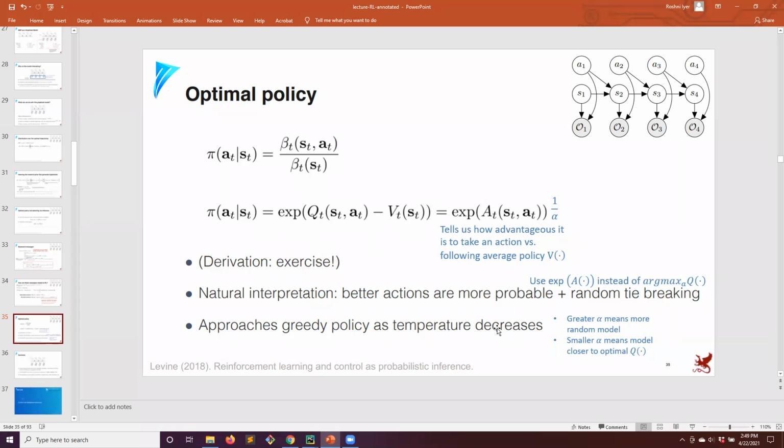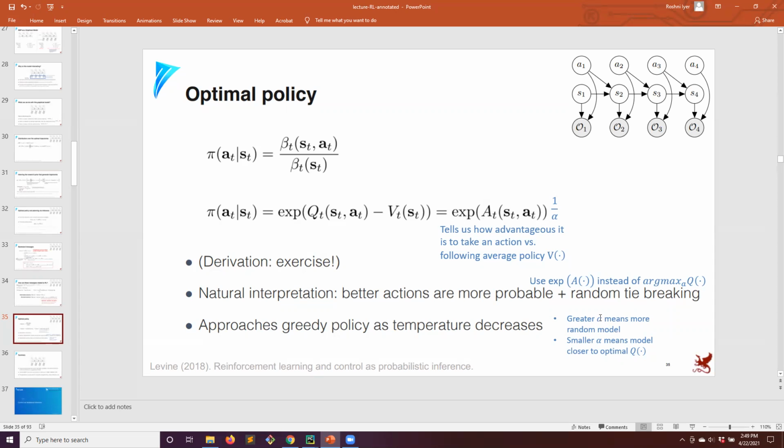So what is temperature? In the lecture, they mention introducing this alpha variable, so that when we scale this whole expression by 1 over alpha, that denotes the temperature.